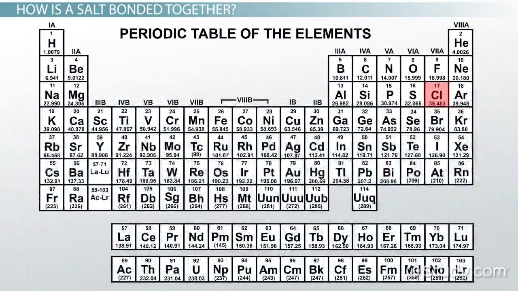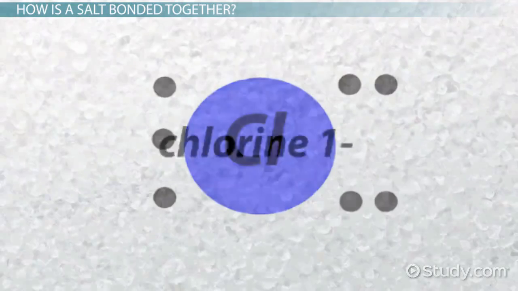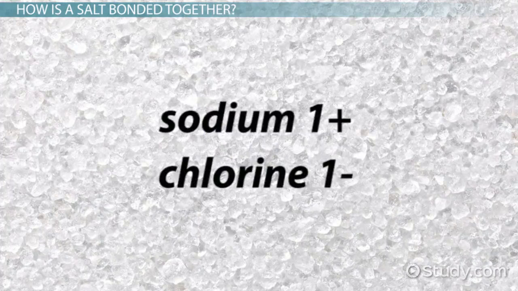Chlorine is a nonmetal and is found in group 17, or 7A, on the periodic table. It has 7 valence electrons, and it needs just 1 more electron to achieve the magic 8 for stability. Getting that extra electron will form the chlorine 1- anion. Notice that both ions, the sodium 1+ and the chlorine 1-, have the same number charge, just opposite signs.